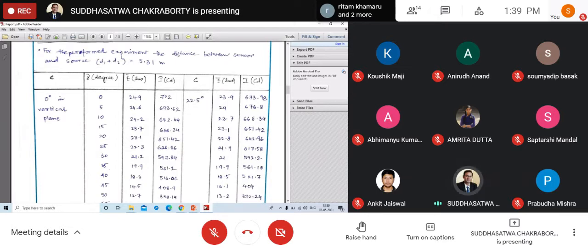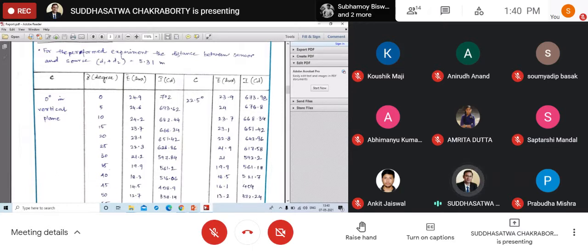Here the distance should be the distance between the source and the mirror plus the mirror to the sensor, so that distance is sufficiently high. In our photometric tanks we have used 1 meter, but here instead of 1 meter we have used 5.31 meter, which is a measured one. That's why the measured illuminance value will be multiplied with d square. That is the inverse square law we already talked about earlier.